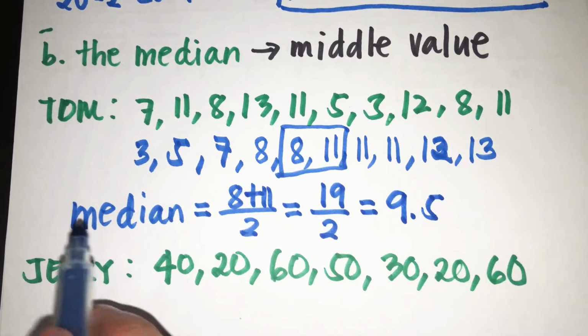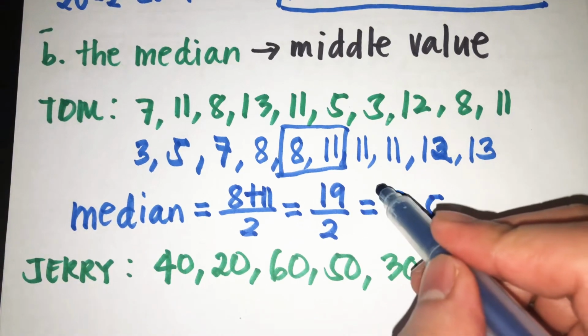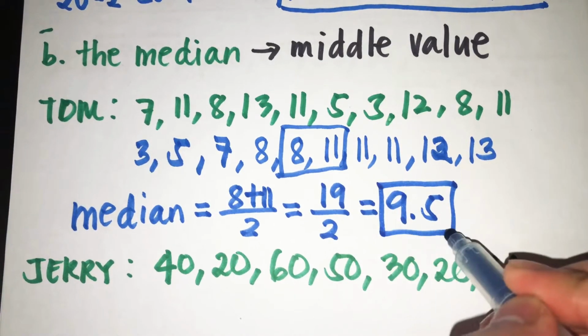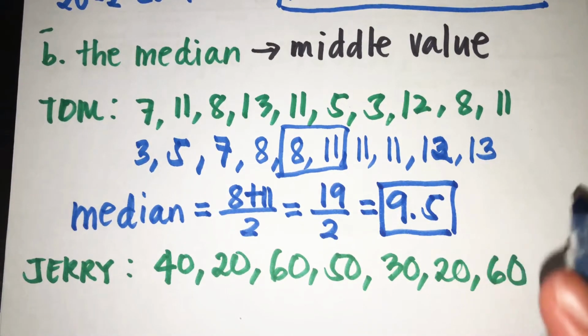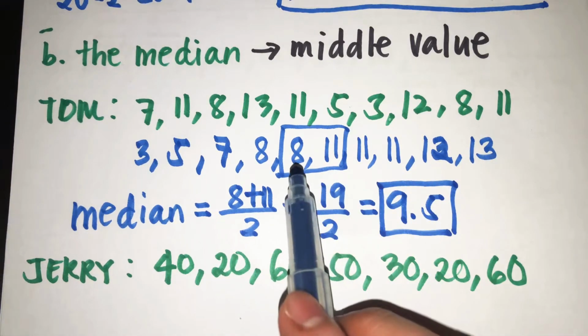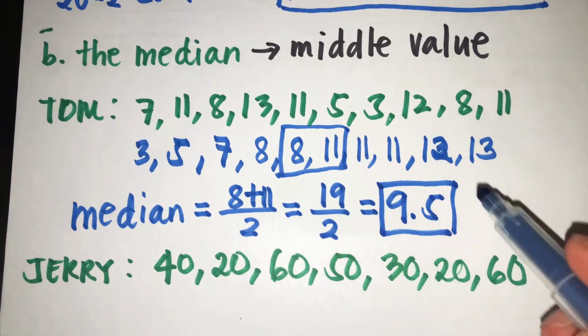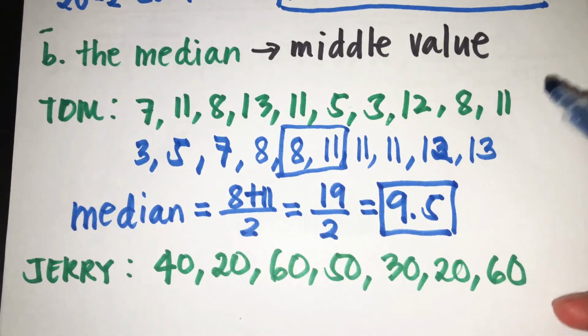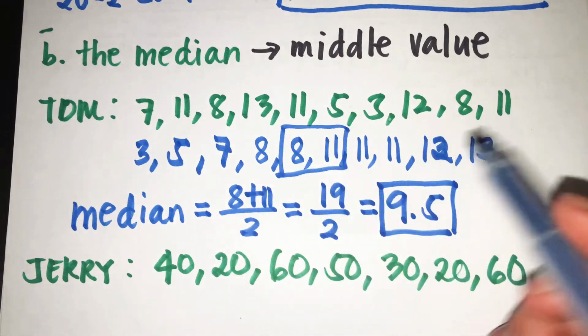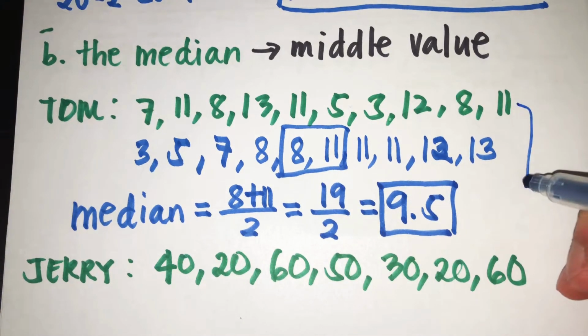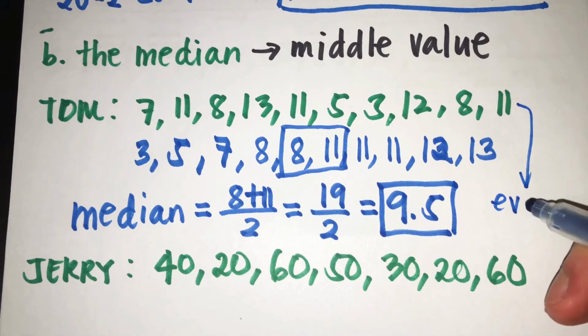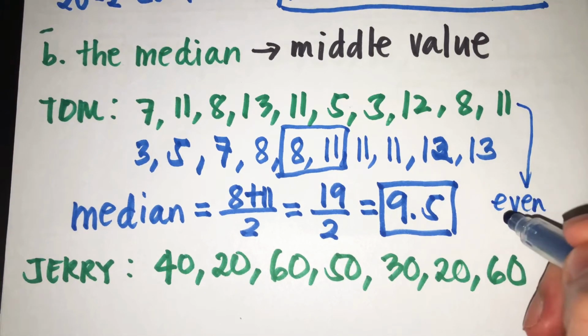So the median for Tom's score is 9.5. Now this means that 9.5 is between 8 and 11. Okay? Normally this happens if the given data are an even number of data.